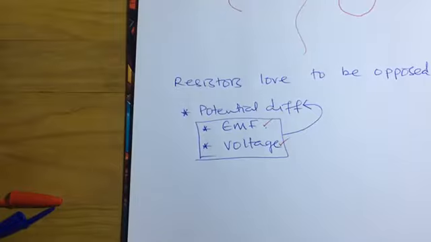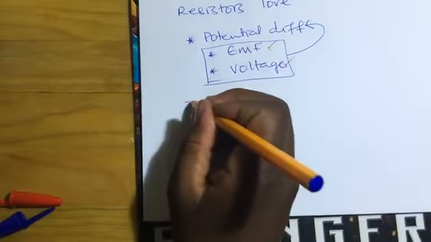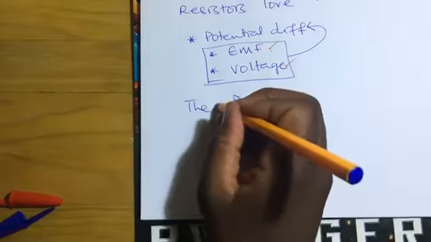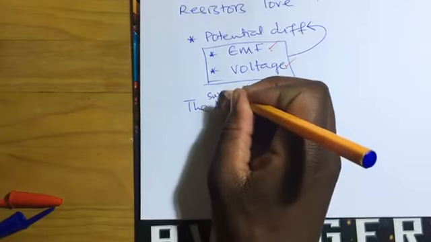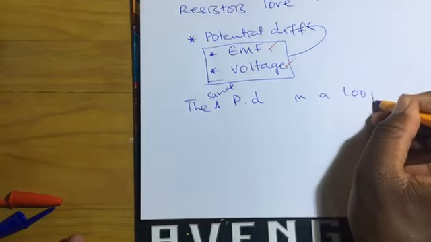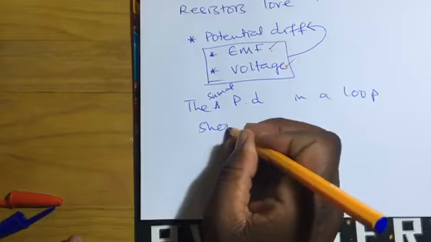So let's work together. We have said that the sum of potential differences in a loop should be equal to 0.